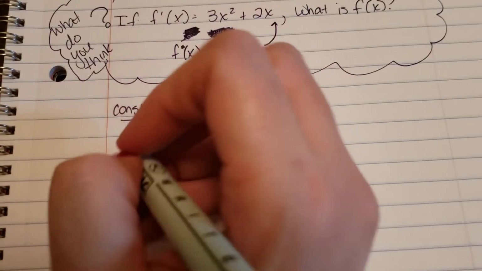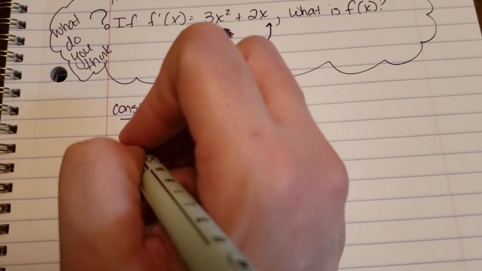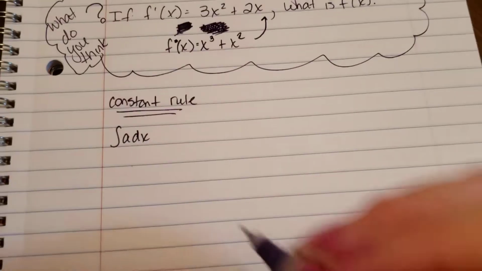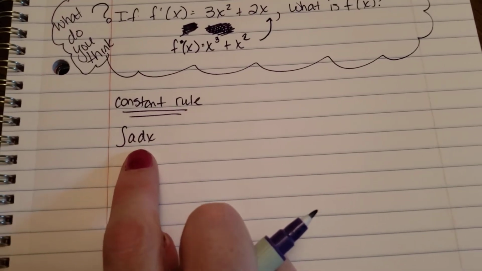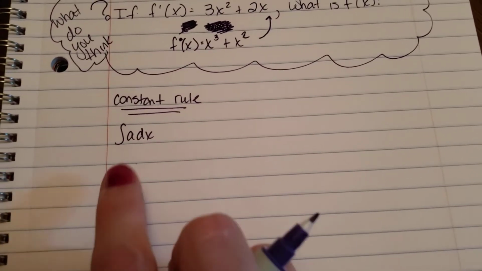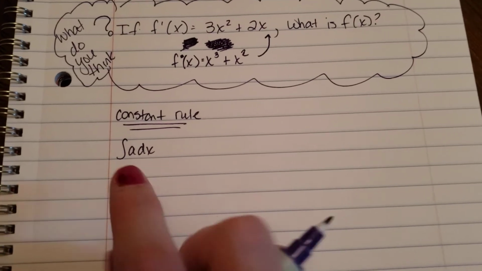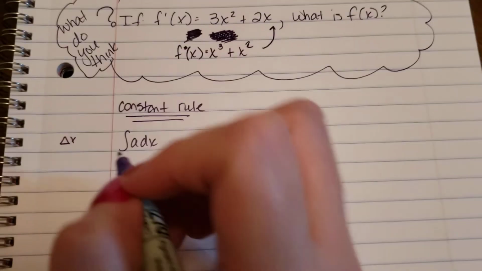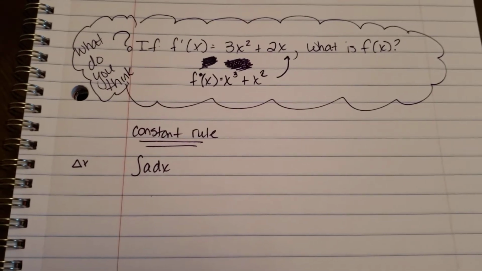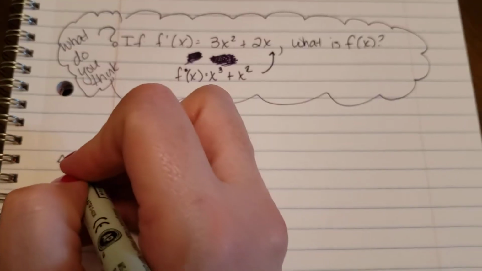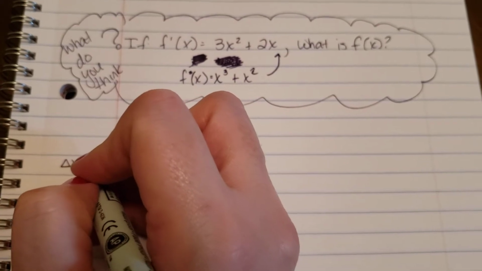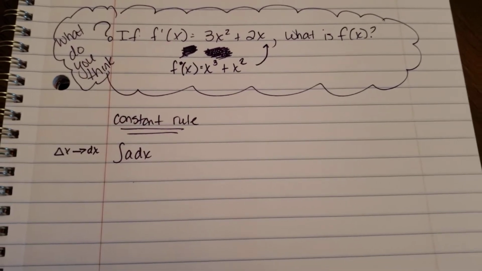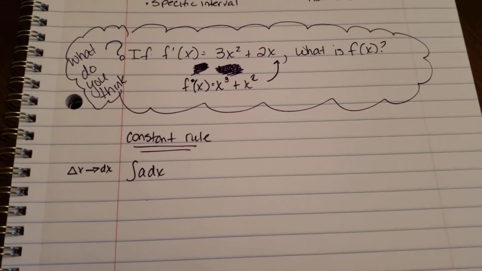The constant rule just says that if you are taking the integral of a constant, and we always write dx because remember we're calculating area, and dx is the base of our subintervals as those subintervals get so small that they approach zero.